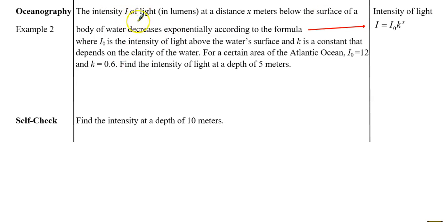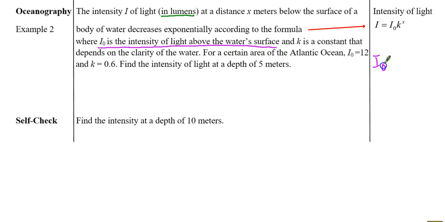The intensity of light measured in lumens at a distance of x meters below the surface of a body of water decreases exponentially according to the formula I equals I sub 0 k to the x power, where I sub 0 is the intensity of light above the water's surface.